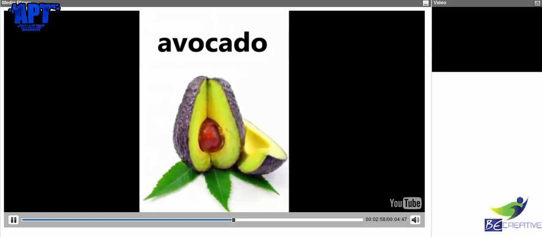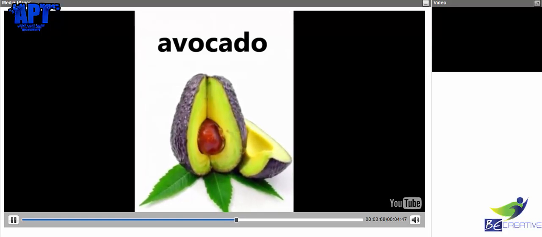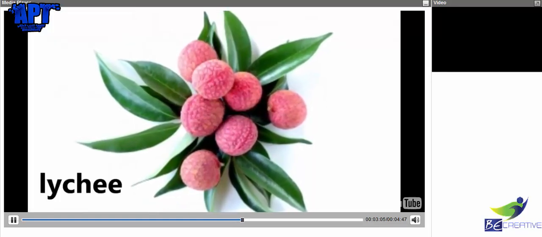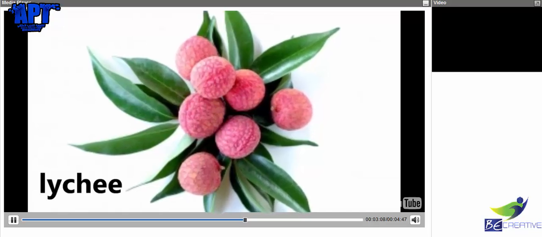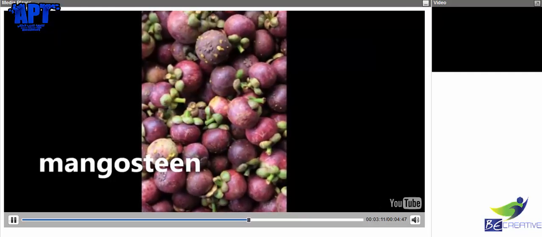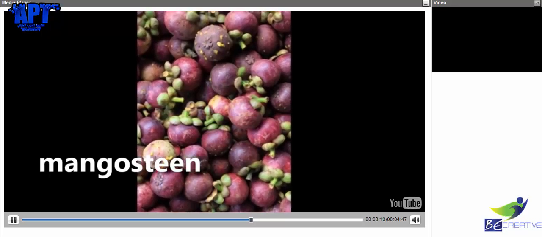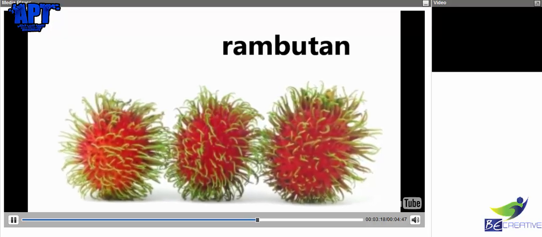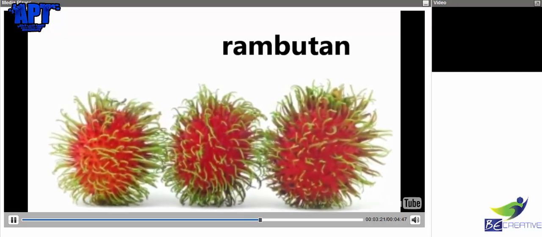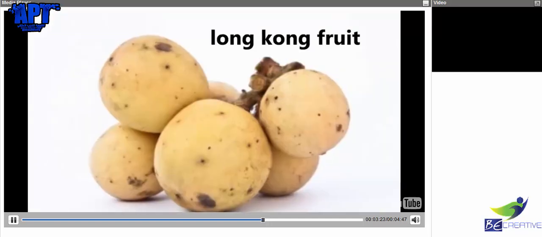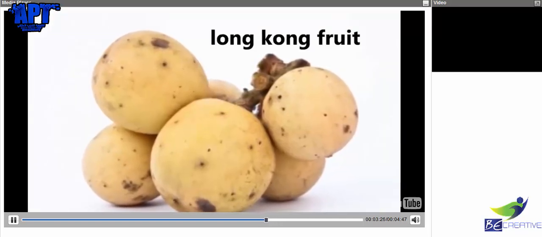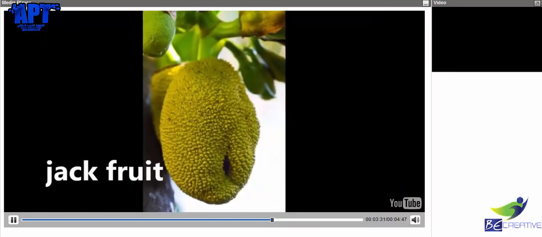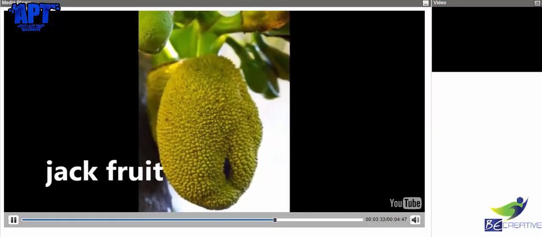Avocado, avocado. Lychee, lychee. mangosteen, mangosteen. Rambutan, rambutan. Long Kong fruit, long Kong fruit. Jackfruit, jackfruit.